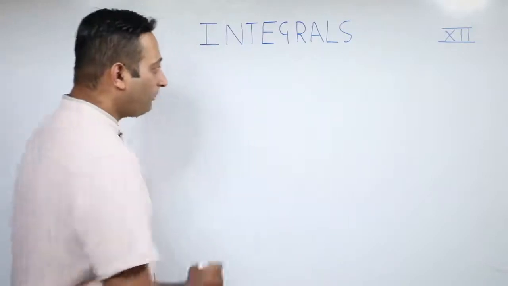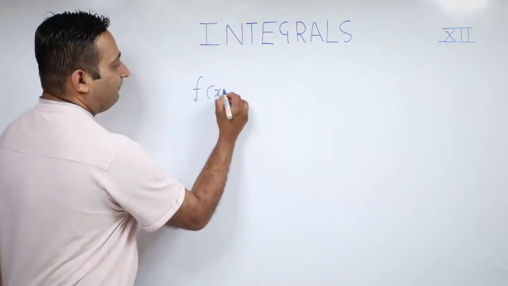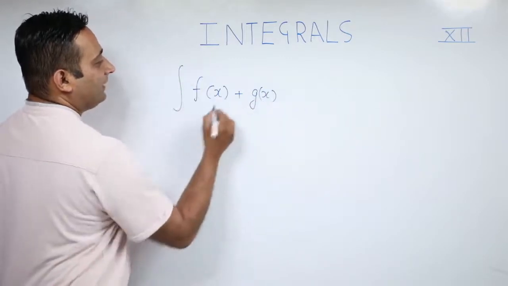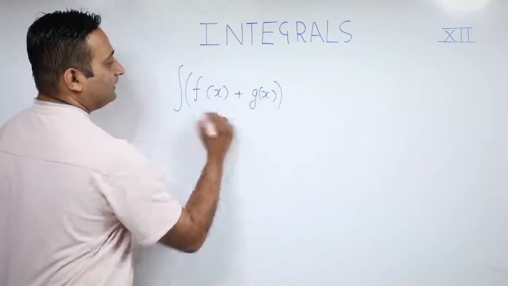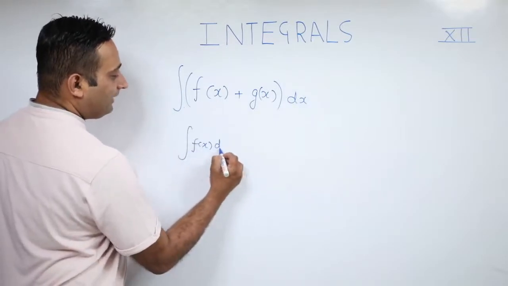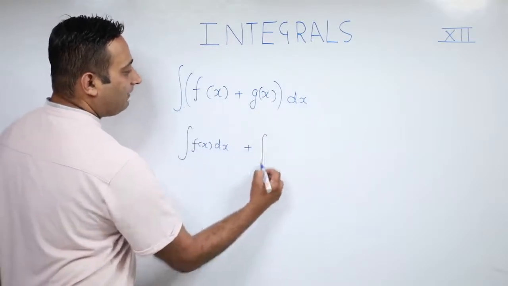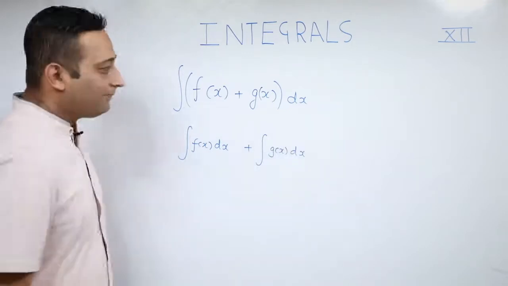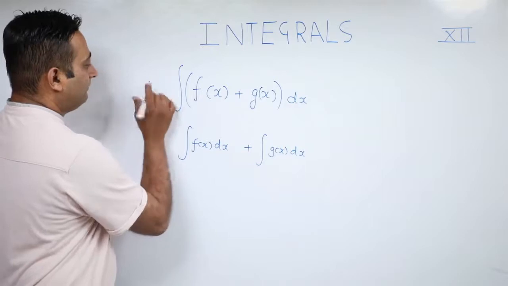Let us consider two properties. If we are given a function f of x and g of x and we want to integrate the sum of these two functions, then we can integrate them separately. That means we can integrate f of x and we can integrate g of x separately, and then we can add these. This is property number 1.